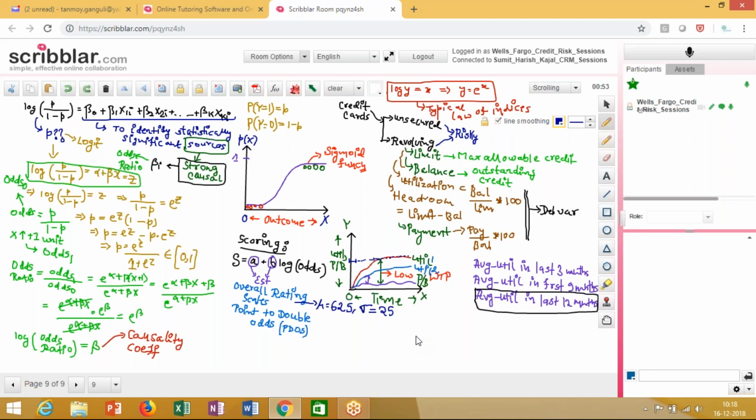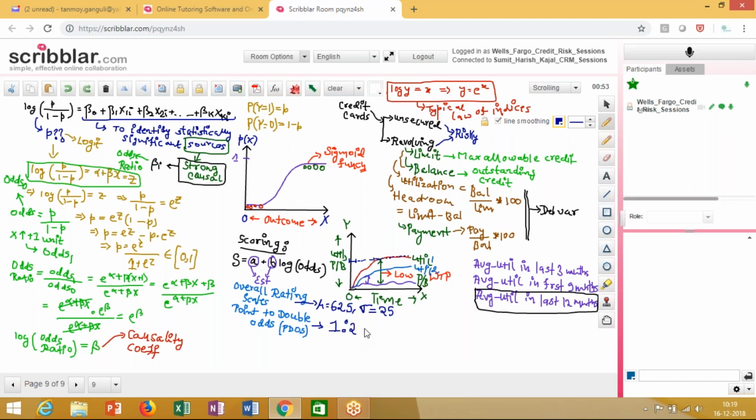This is precisely what the average of the score rating scale is. Now, the point to double odds is based on your rating scale, or there can be exogenous rating scales which you are using, FICO driven rating scales and whatever. Say, based on the rating scale, you see that your point to double odds is 1 is to 25.